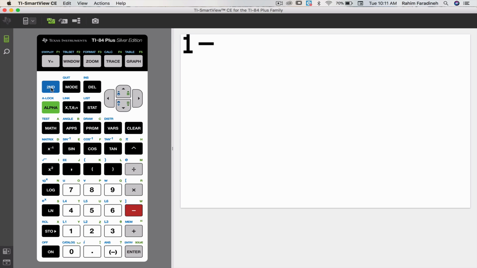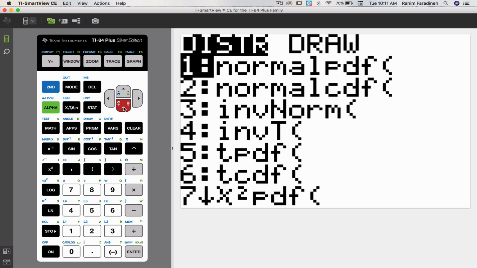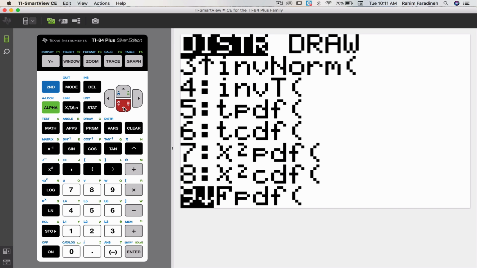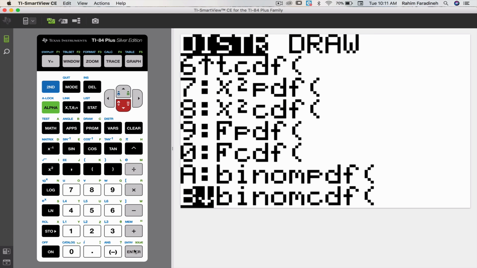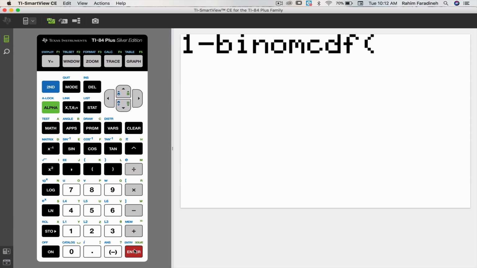minus second vars. I'm going to arrow down several times until I find binomial CDF. As you see, there is no menu here, so my n is equal to 40, comma.